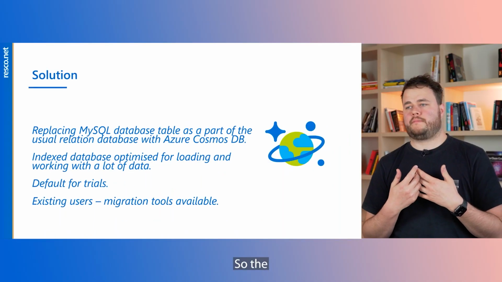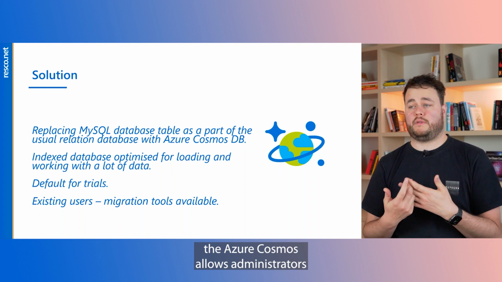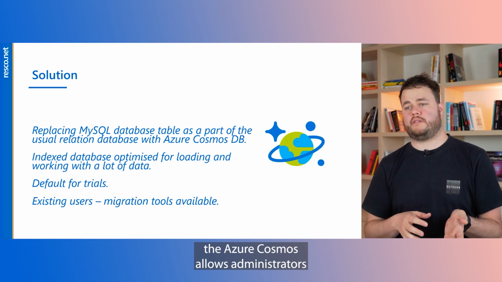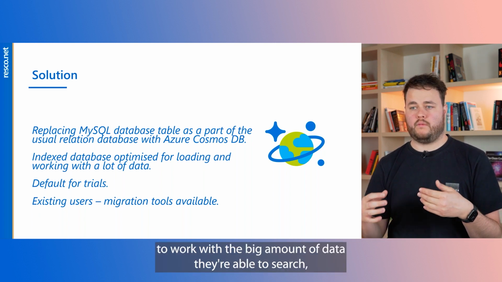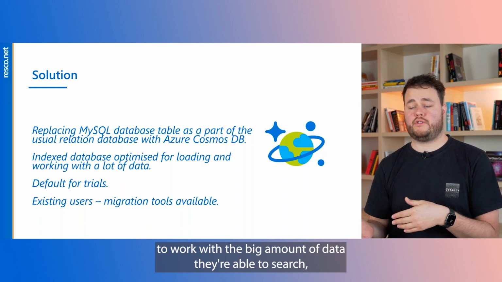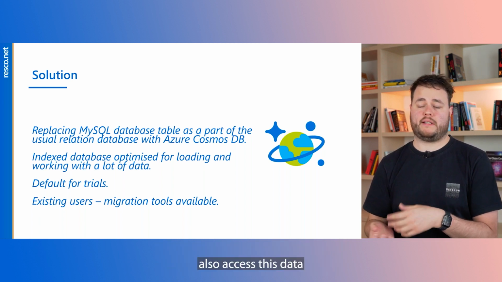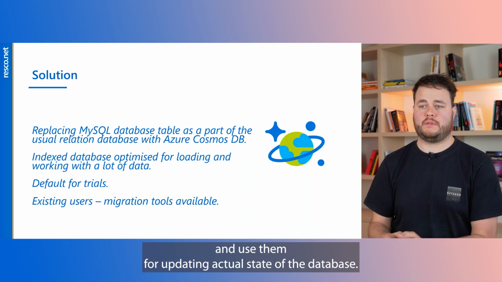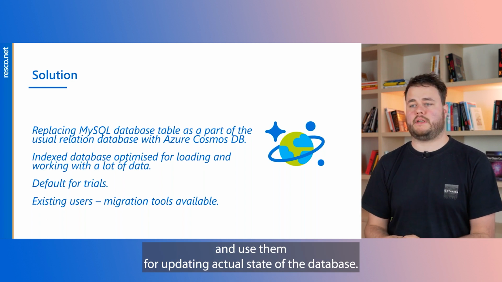So the Azure Cosmos allows administrators to work with a big amount of data. They're able to search, also access this data and use it for updating the actual state of the database.